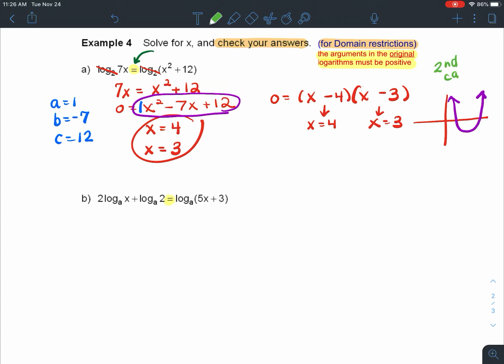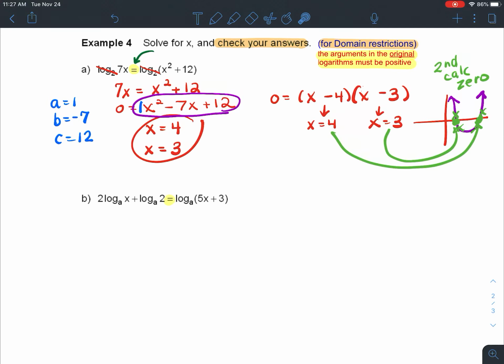You press second, calculate, zero, and you move the cursor to the left, to the right, and guess, and then do the same thing over here, and it will give you those two x-intercepts. So if you don't have the program, graph the parabola and find the x-intercepts. Now, it does mention we have to check our answers, so we have to look back at the original problem that has the logarithms in it.